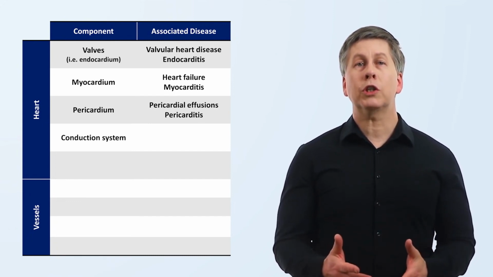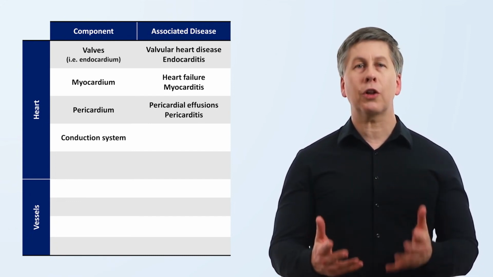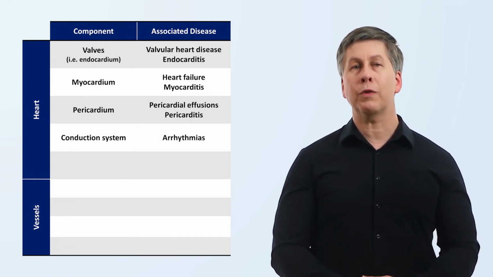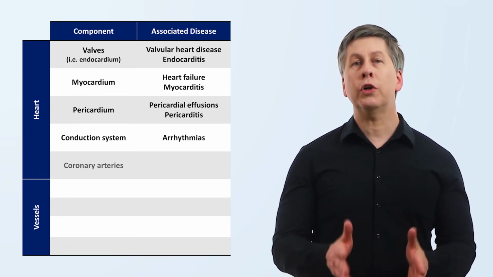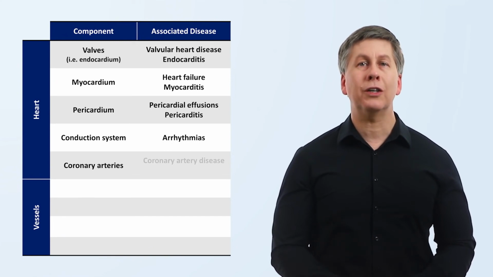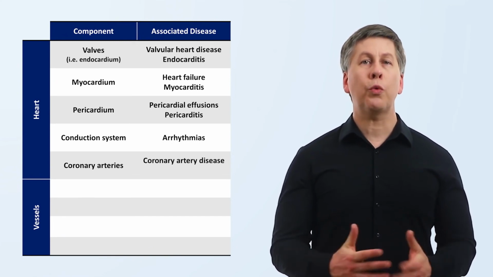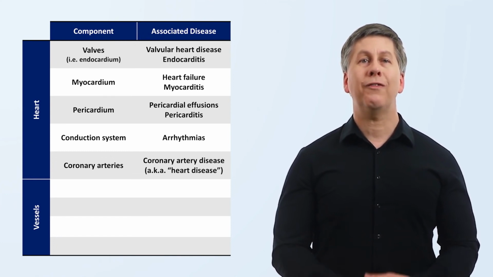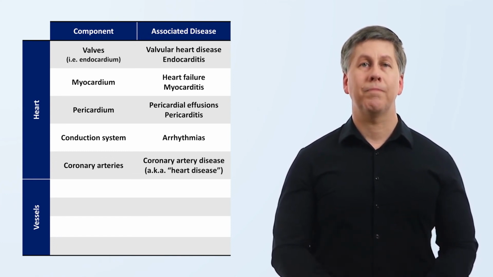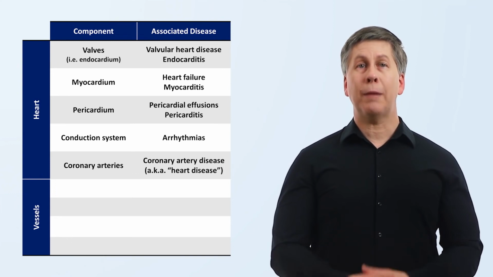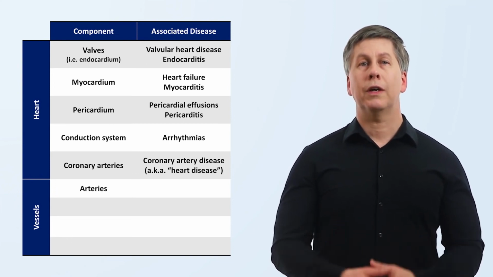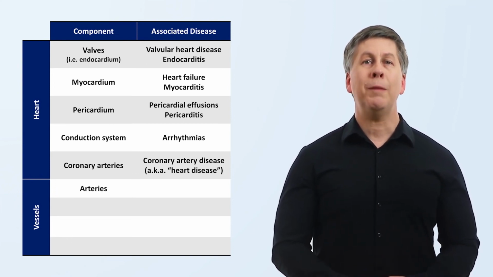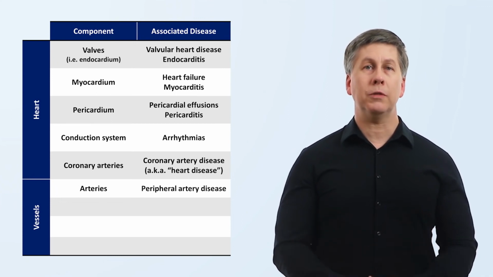The conduction system, which is affected by a very diverse collection of arrhythmias or abnormal heart rhythms. And the coronary arteries, which are involved in coronary artery disease, colloquially known as heart disease, and which is responsible for the conventional types of heart attacks. The blood vessels can be subdivided into arteries, including arterioles, which are impacted by peripheral artery disease.